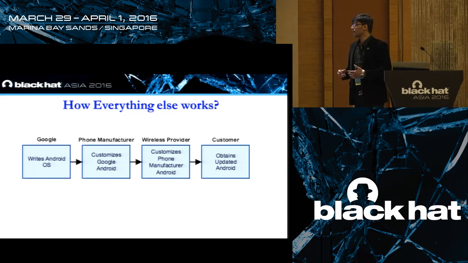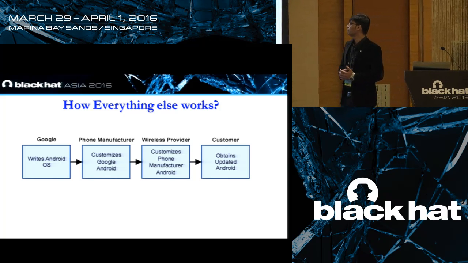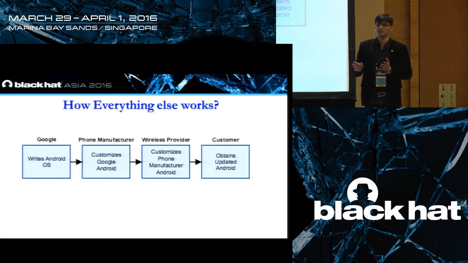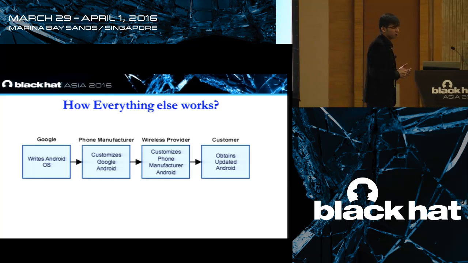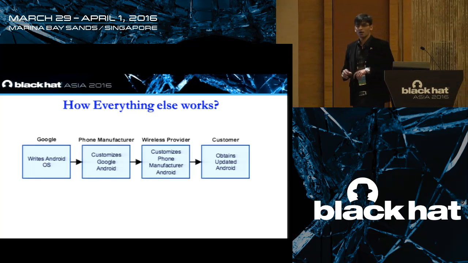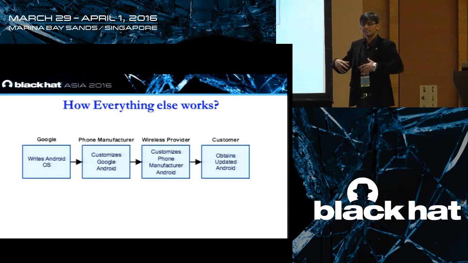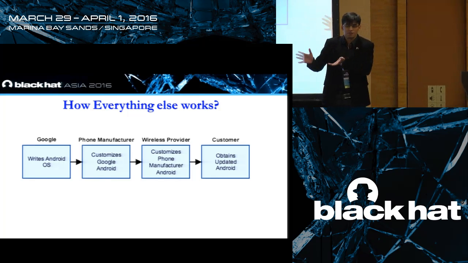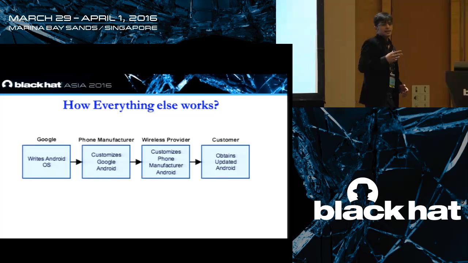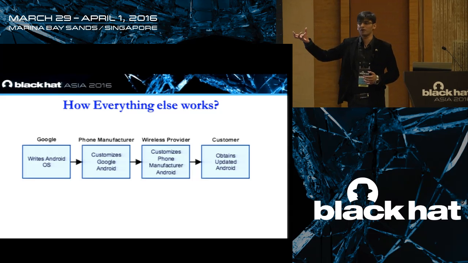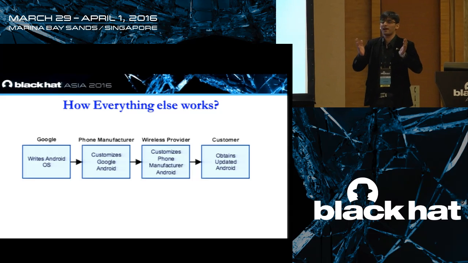What about everything else? In the case of all other devices such as LG, Samsung, and so forth, this is the supply chain. Google writes the Android OS, and then the phone manufacturer customizes the update to see if it fits or not. Then the customized version is sent to the wireless carrier.